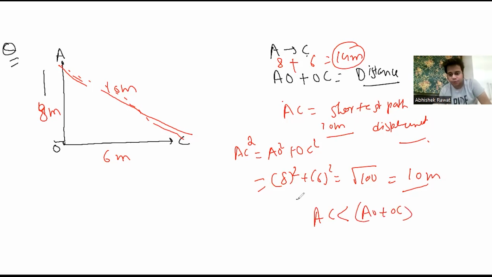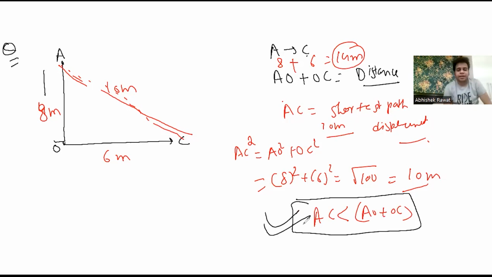It is verified that displacement is the shortest path. Distance and displacement can be the same also, but distance can be more than displacement. Displacement can't be more than distance. Displacement is less than or equal to distance.